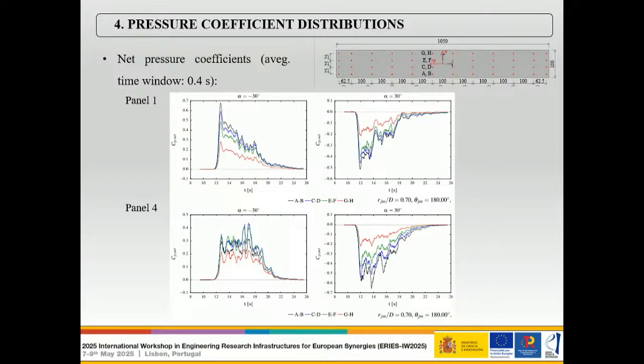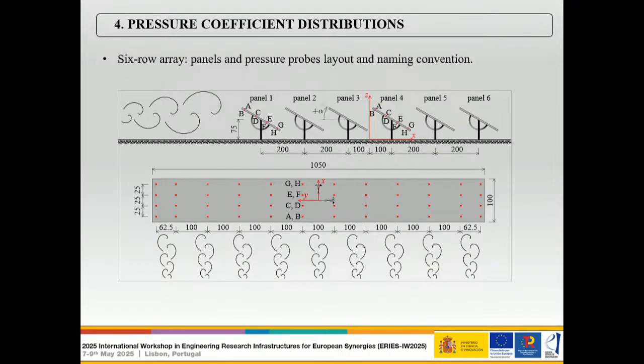Here you have in the first row the results for panel 1, which is the one closer to the jet. And as you can see, we are considering two different tilt angles for the panels. The sign convention is that positive tilt angles are nose up, and negative tilt angles are nose down. So this scheme corresponds to plus 30 degrees, and if you have the nose in the lower part, that is the minus 30 degree angle of attack.